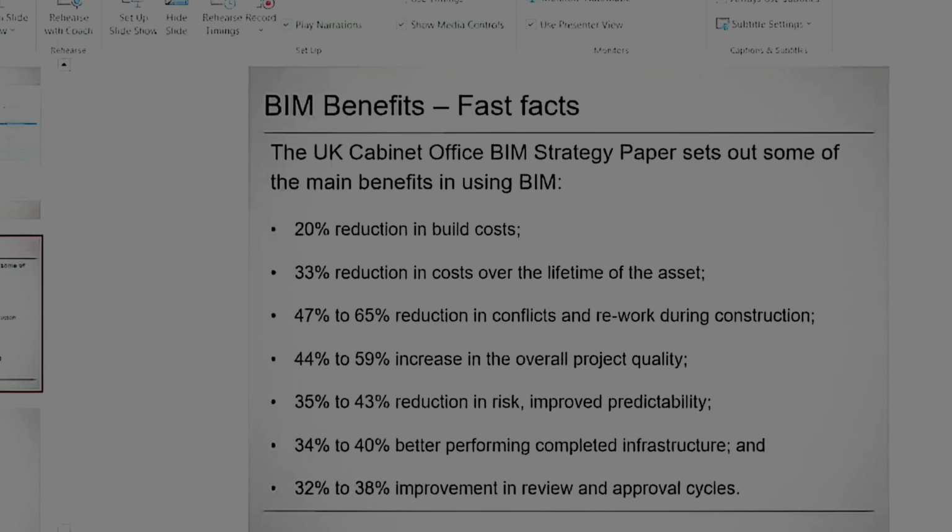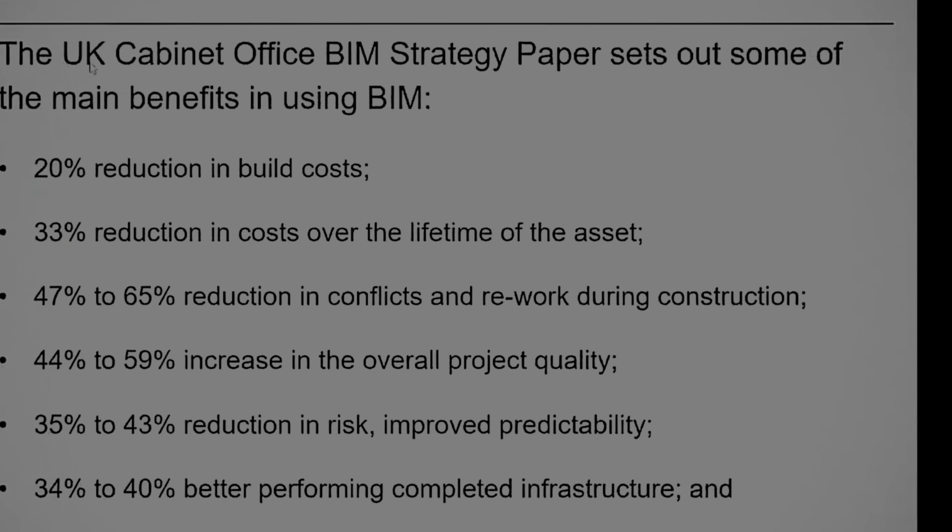Okay, and BIM benefits or BIM facts listed out by the UK Cabinet Office. The UK is majorly, you can call it, the pioneer in BIM. All the major BIM standards used globally are majorly UK standards, and all other standards developed later are a slight modification of it.